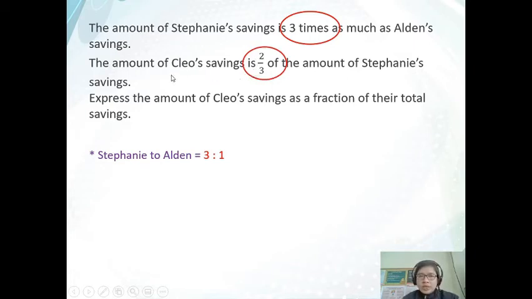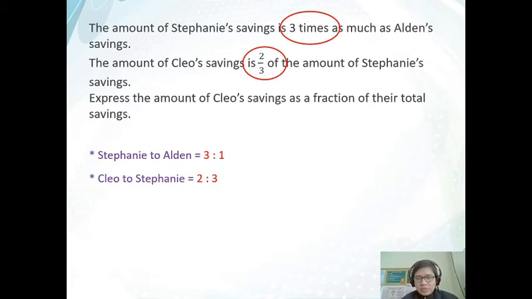So what is our ratio in the second sentence? We state Cleo to Stephanie. Cleo is 2, Stephanie is 3. So our second ratio is Cleo to Stephanie equal to 2 to 3.